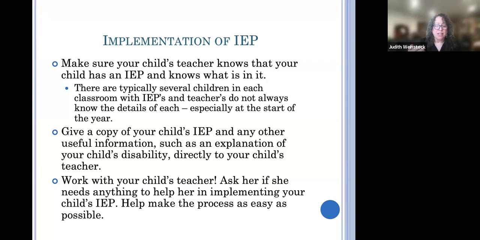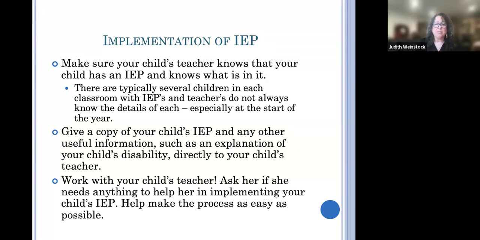If they're not complying with the IEP, they're in violation of the law. So that's why it's so important to develop a very robust and specific IEP, so that you can hold the district accountable if your child's not making progress.